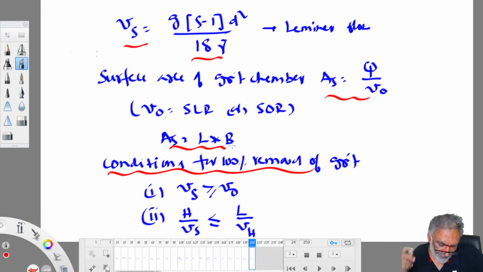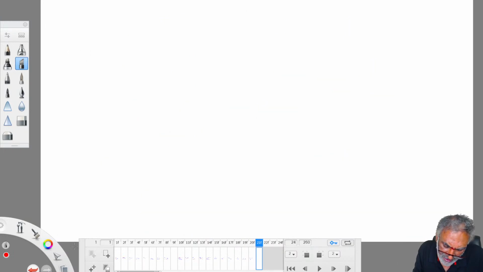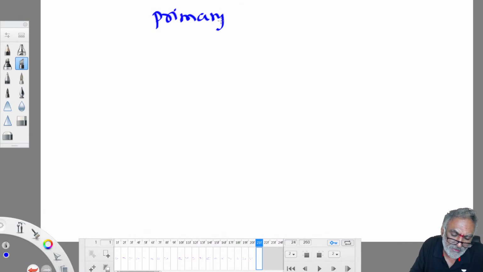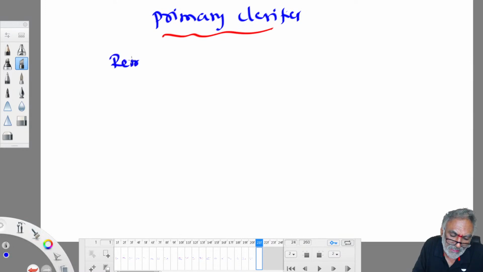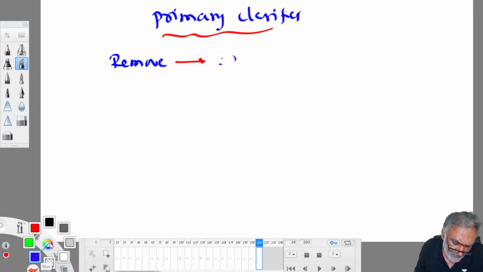From the grit chamber only they are asking more questions. Primary clarifier design is the same. For the skimming tank, there is nothing to design. The primary clarifier removes 60 to 70% of settleable organic solids, of biodegradable nature.